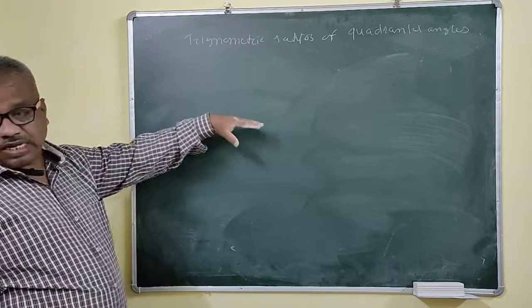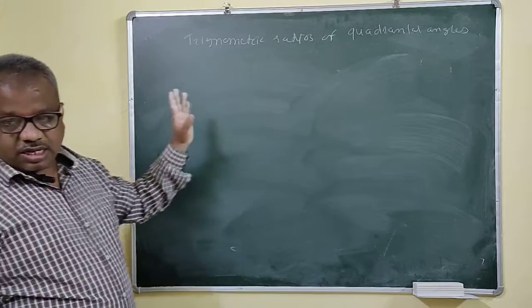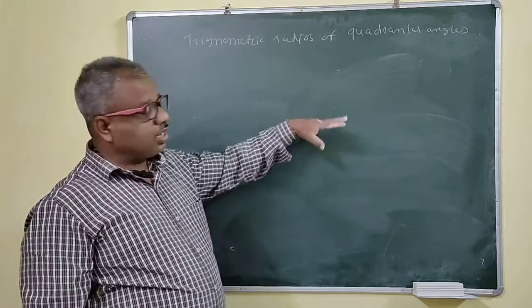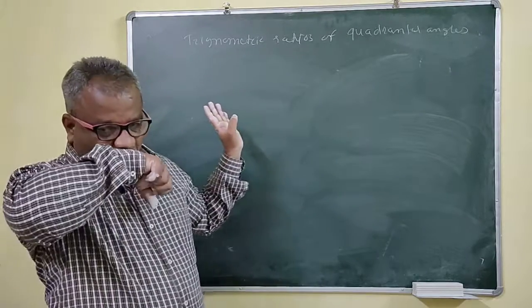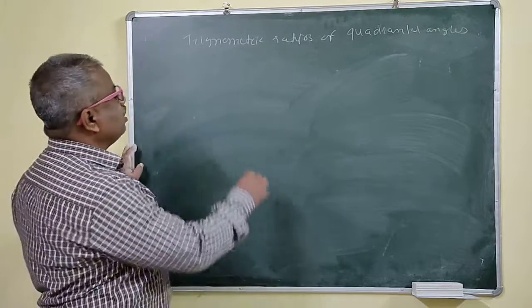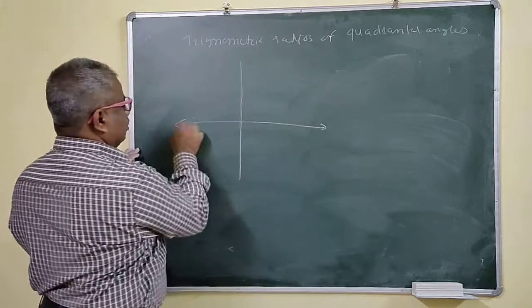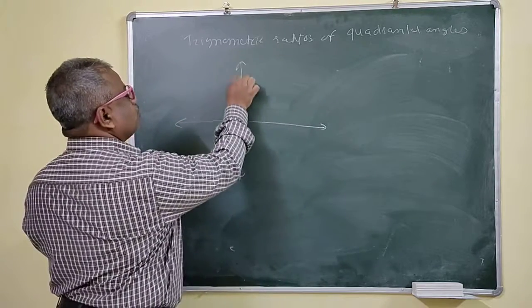That means it is an integral multiple of 90 degree or an integral multiple of pi by 2. Then that angle is called a quadrantal angle, and we are interested in finding the trigonometric ratios of the quadrantal angle.